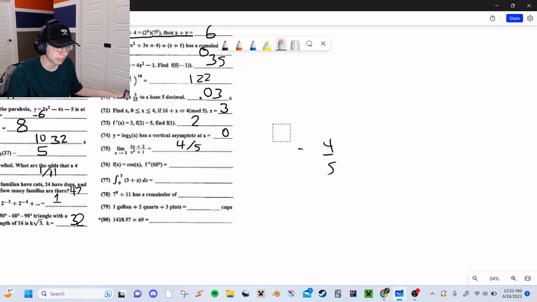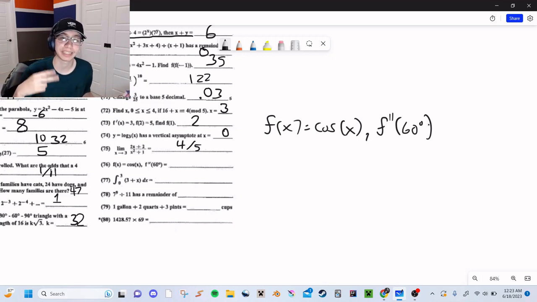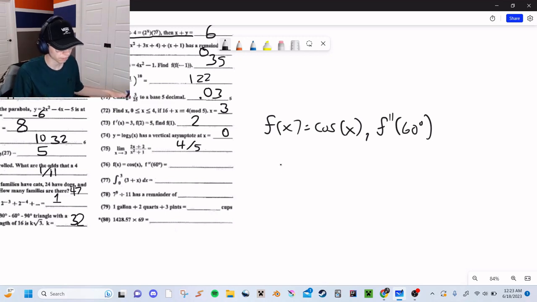Okay, 76. We have f of x is equal to cosine x, and I want to find f prime prime of 60 degrees. Okay, so f prime prime means the second derivative. And yeah, this is very calculus heavy. For those of you who already know calculus, if I had sine of x, this is like y.